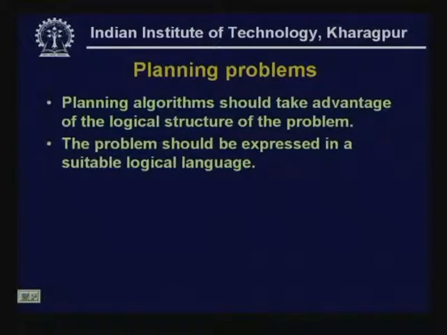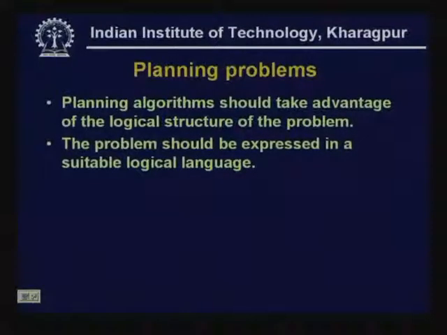Now, in a planning problem, there is a lot of logical structure in the way it is formulated, and our objective in designing planning algorithms is to design algorithms that take advantage of the logical structure of the problem description. In order to do so, we need to represent the problem in a suitable logical language.